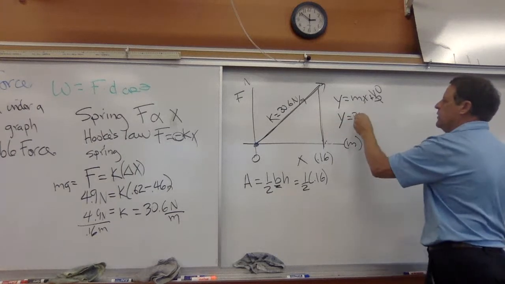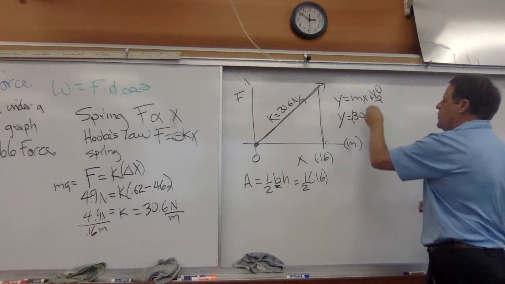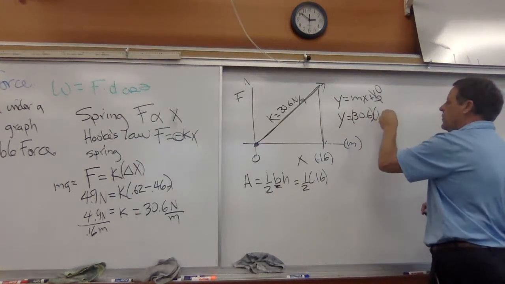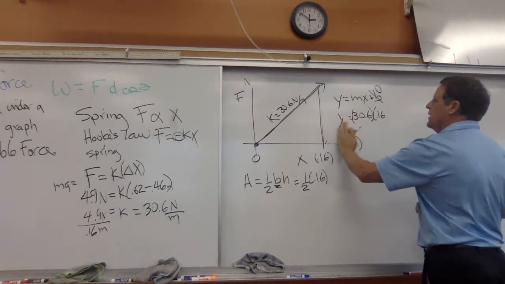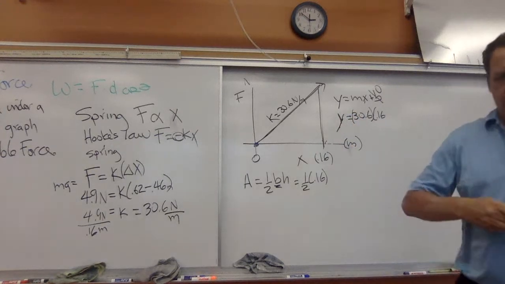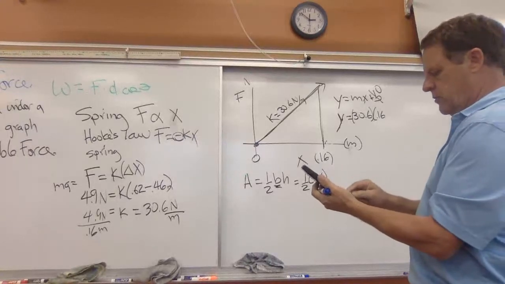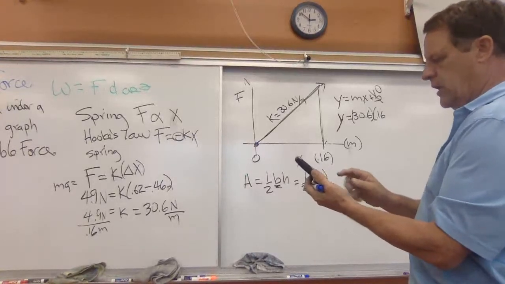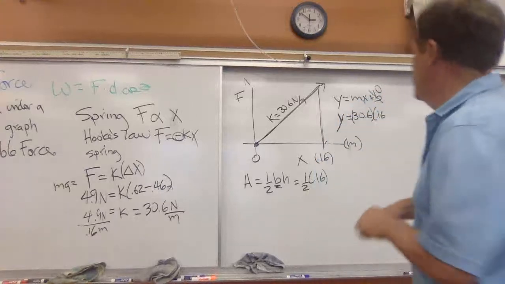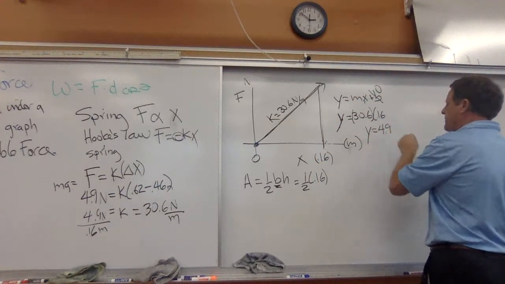We said it was 30.6, and we know that our x is 0.16, so 30.6 times 0.16, and that's going to be 4.9. So our y here is equal to 4.9.